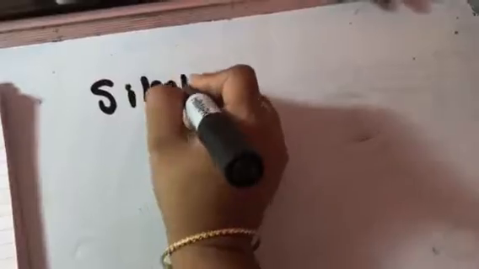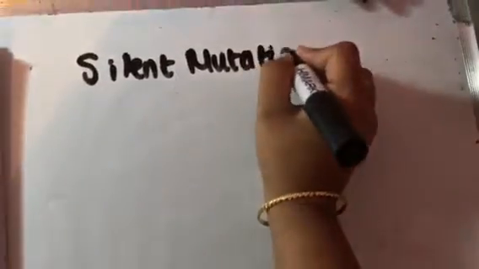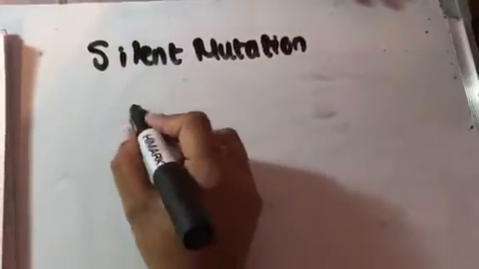So let's do this in a more clear and understandable way. If we have a silent mutation, this is when there's a change in one of the DNA base pairs.